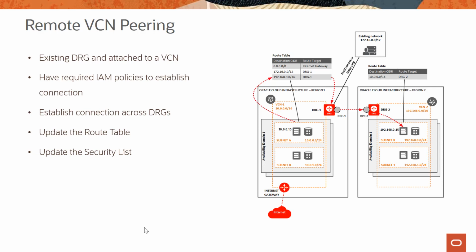It has a route table which specifically says that to get to the 192.168.0.0/16 network, it needs to route the traffic to the DRG. Similarly, on the VCN2 side, there is a route table for subnet X which says that to get to the 10.0.0.0/16 network, it needs to go to DRG2. So once the connection is established and the route tables and security lists are created, you can go ahead and test your connectivity.